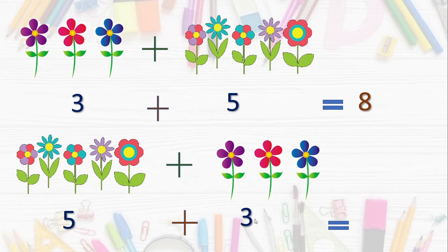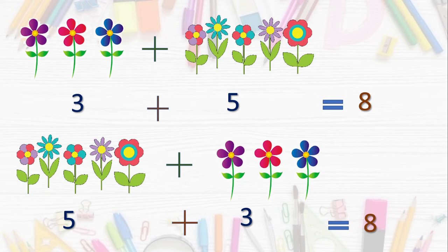You can use your fingers for counting. 5 plus 3 are 8. Isn't it? Here what we did, we have changed the order. Here it is 3 first and in the second sum 5 is in the first place. But we got the same answer, that is 8, and here also we got 8.